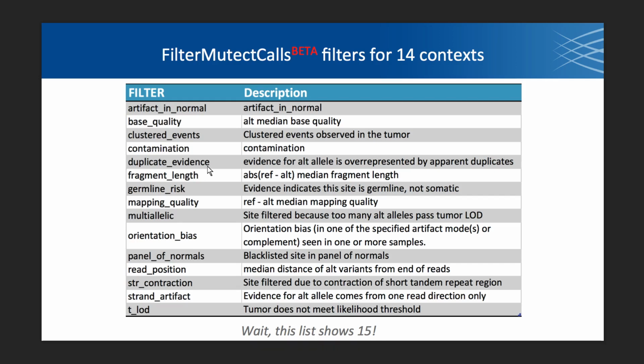Some of these require specific annotations that are not emitted by default, so you'd have to make sure you are getting these annotations out during your Mutect2 calling to know that the filter is being used. Otherwise, it will list them all, but it may not use them.